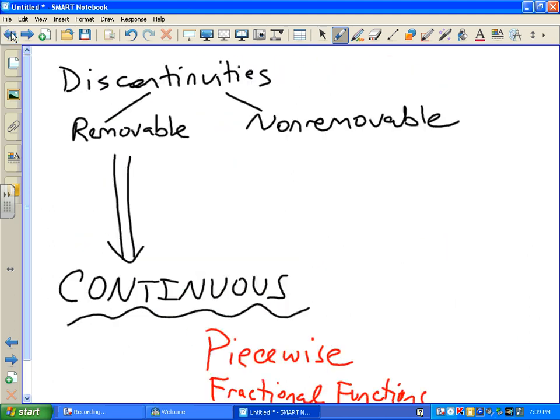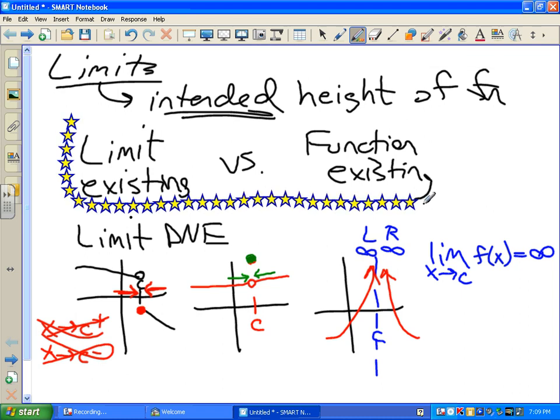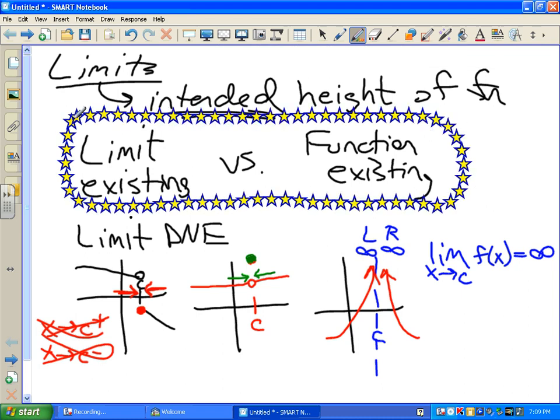So what we've looked at is the overall notion of a limit. Big key idea: a limit existing versus a function existing. Because one exists doesn't mean the other has to exist. There are a lot of great pictures in your book and a couple key handouts from Chapter 1.